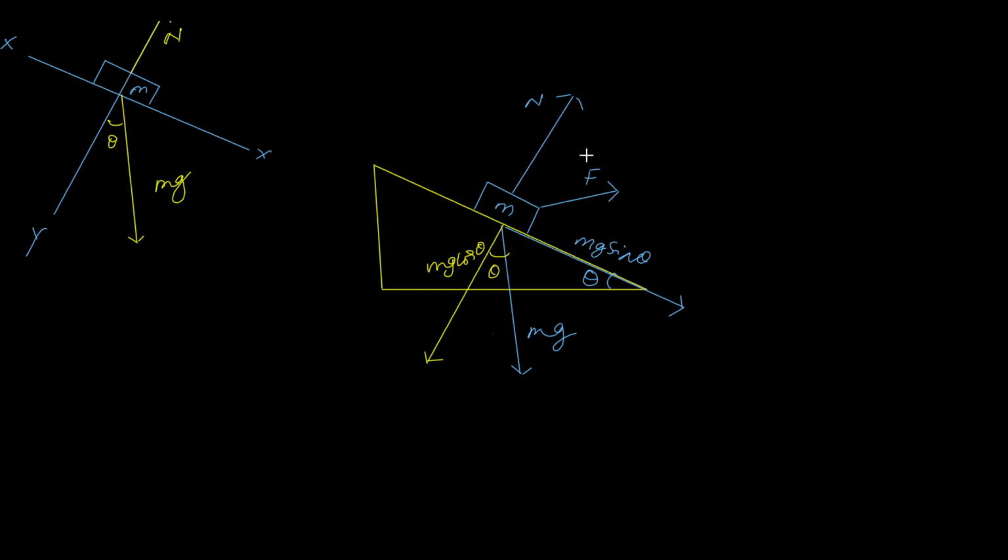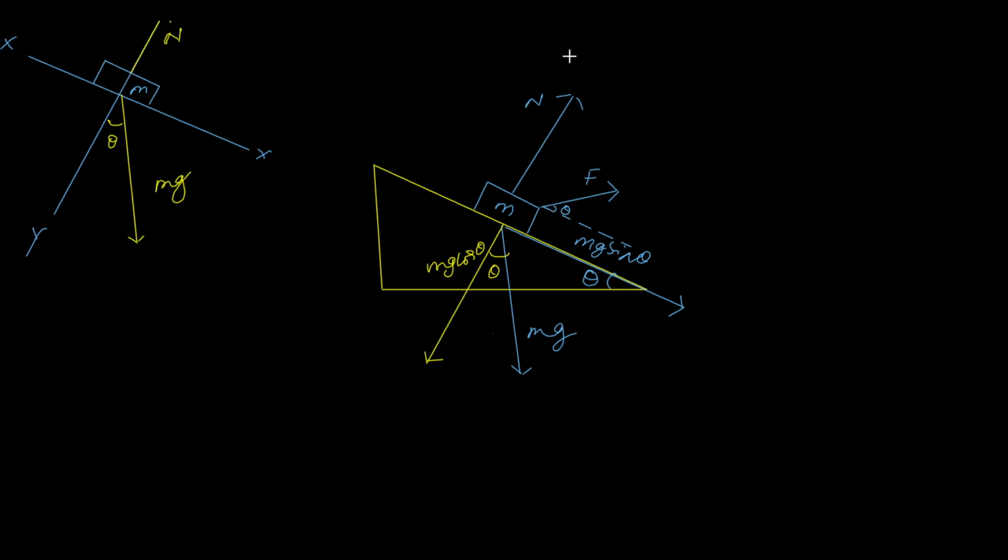Now we also have to consider this force, and let's say it is making an angle theta with respect to the horizontal, or x-axis. We know that we are considering this inclined plane to be the x-axis, so this angle out here is given as theta.